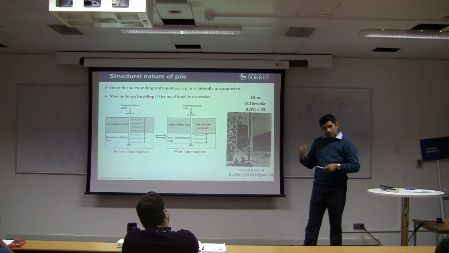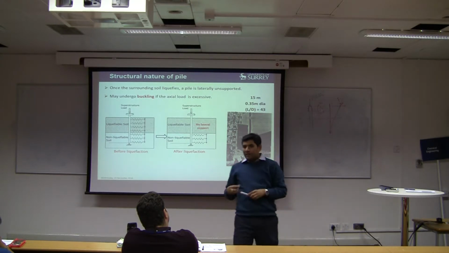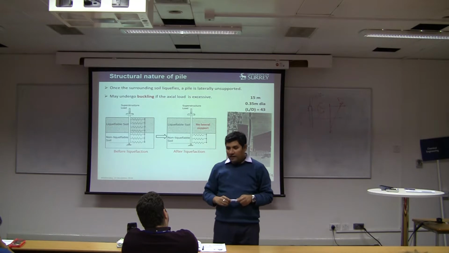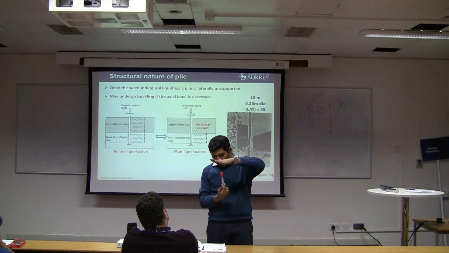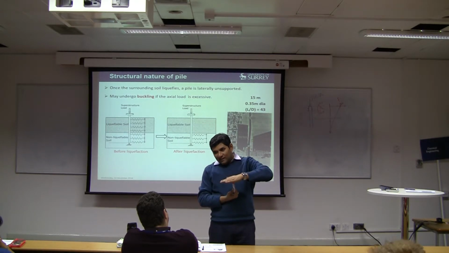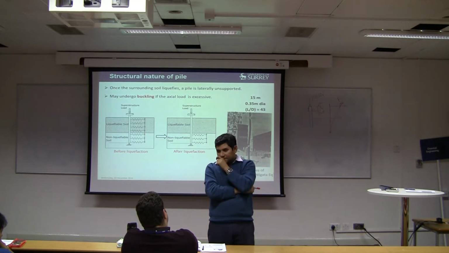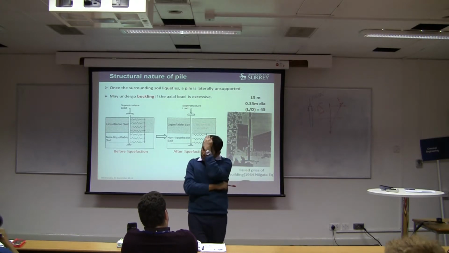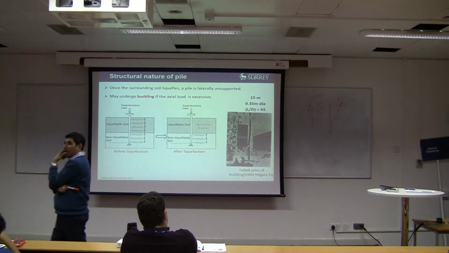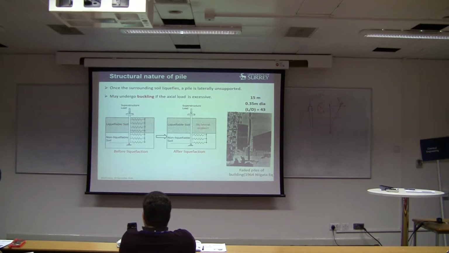So in your coursework, this will come in use. If you know the liquefiable layer, what will happen there? You know the vertical load of the pile, and you can change this, and you can see the change in stress distribution as soil liquefies. That location would be the location of the water table.